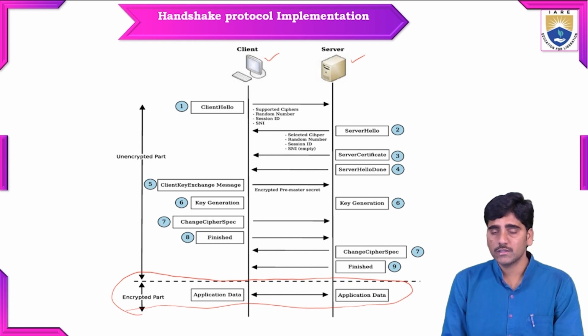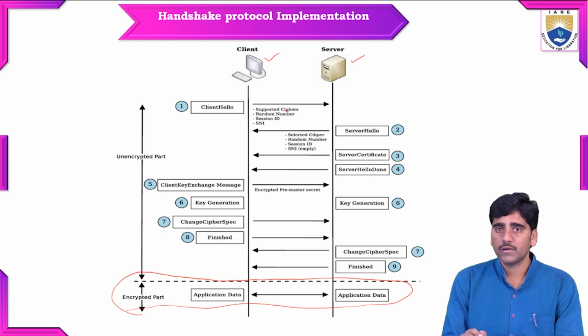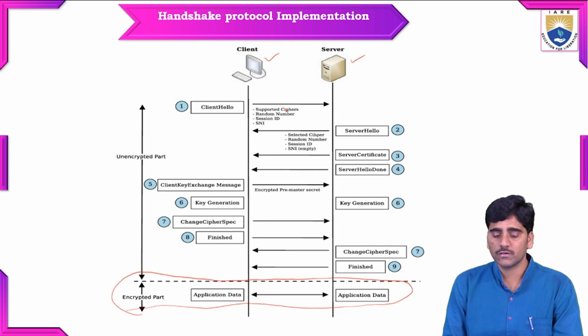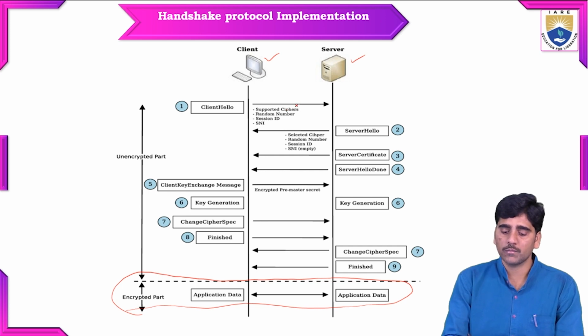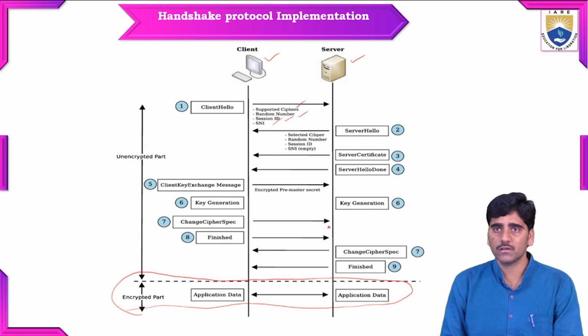This is phase one, the establishment of security capabilities. So what are those? Supporting ciphers, random numbers, session IDs, and SNI, serial number index. These are all security capabilities produced at the client side, and the client now sends the message to the server.